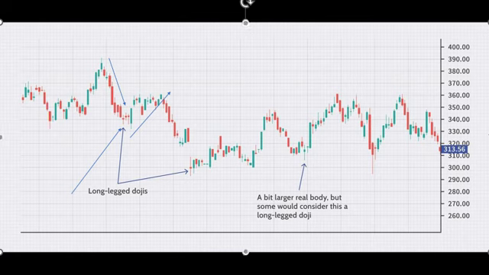And again, now we have this Legged Doji at the bottom. After forming this Legged Doji, we have a bullish trend to here. After that, right over here, again we have a bit longer Legged Doji, but again it changed the downtrend to an uptrend. Let me show you. Look at this. It changed the downtrend to an uptrend.